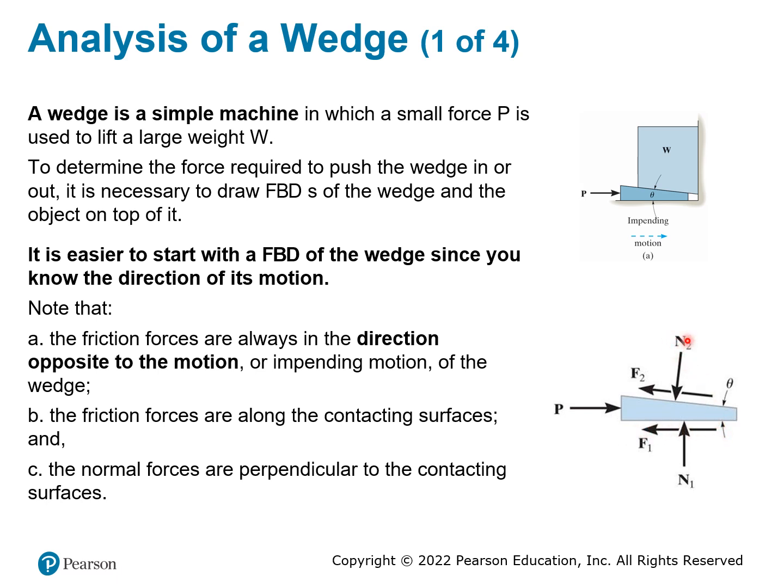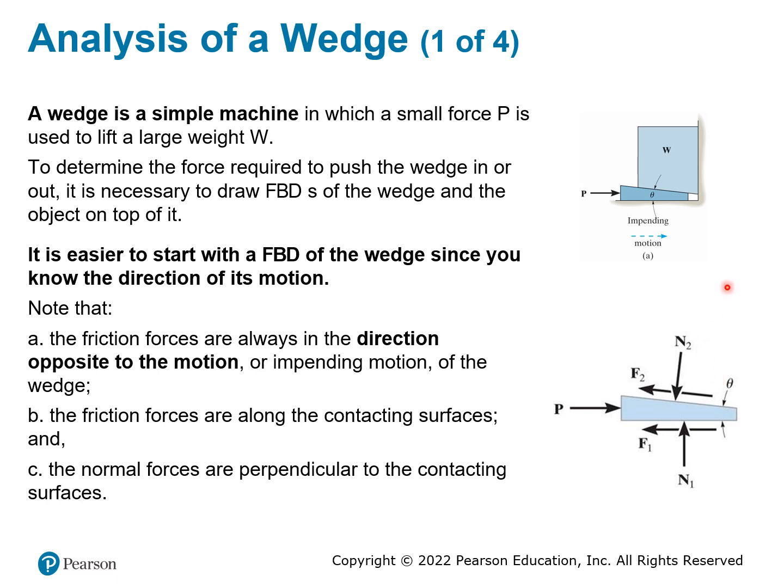You're also going to have normal forces, which are perpendicular to the contact surfaces. These two, N1 and N2, are both normal forces. However, their directions are slightly different. It depends on the angle theta, the incline angle of the slope of the wedge.